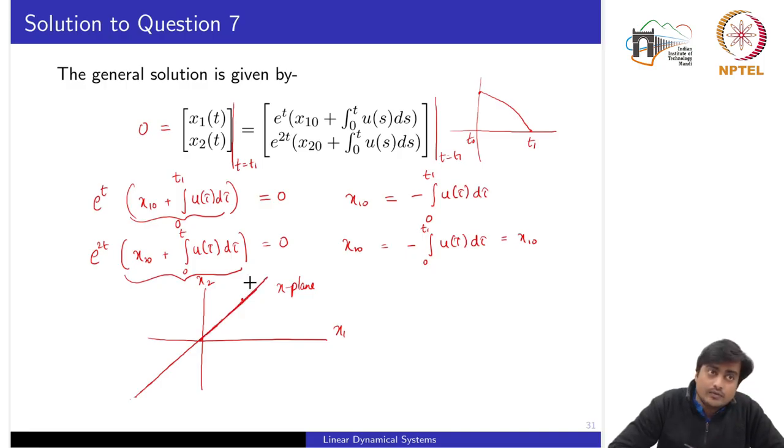Starting from any initial condition lying on this line, the system is controllable. Now, if you choose any other point which does not fall onto this line, you can never reach the origin in a finite amount of time. Okay.